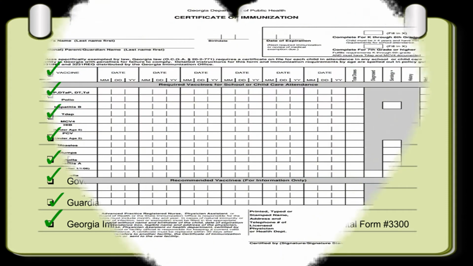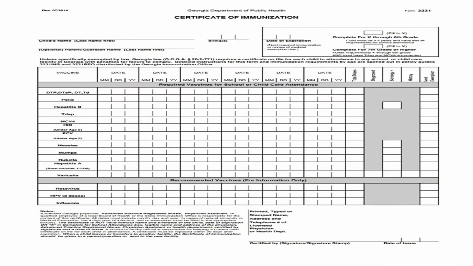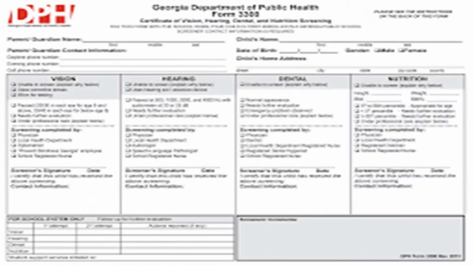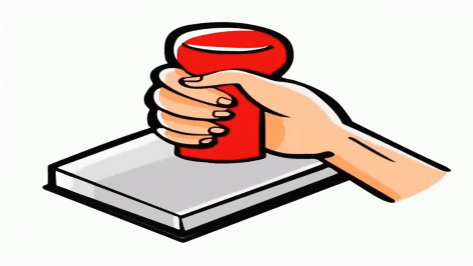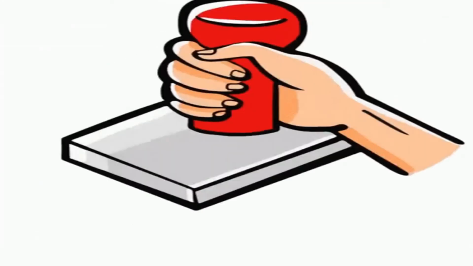This includes the Georgia Immunization Form 3231 and the Georgia Hearing, Vision, and Dental Form 3300. Lastly, parents and guardians who received acceptance for students to attend schools through school choice, magnet, or the pre-K program must provide an approval letter.